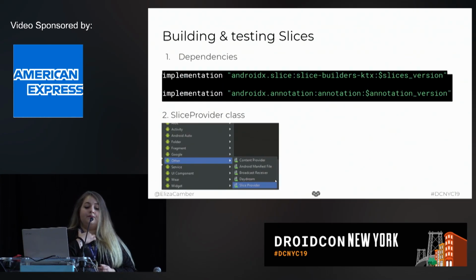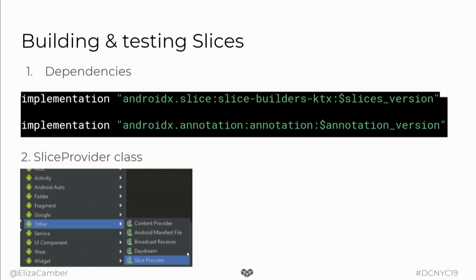And you first need the dependencies, of course, and after the dependencies, there is a wizard. In the wizard, there is a class that you can create. It will give you all the code that you need to get started with.